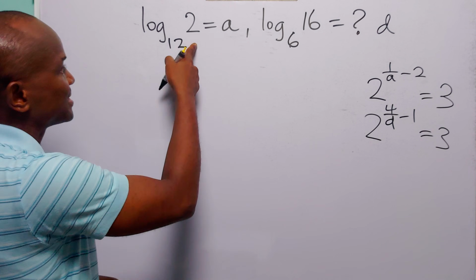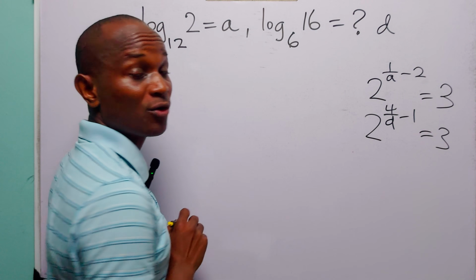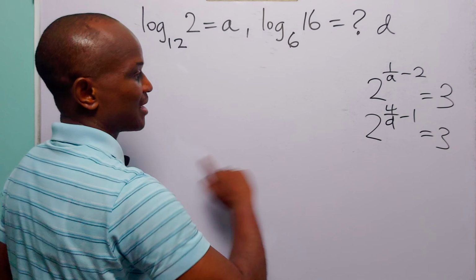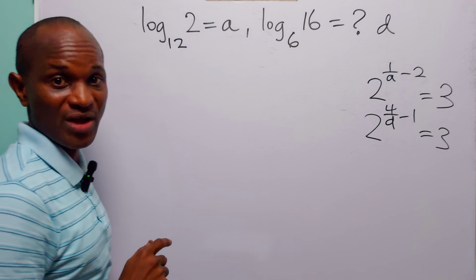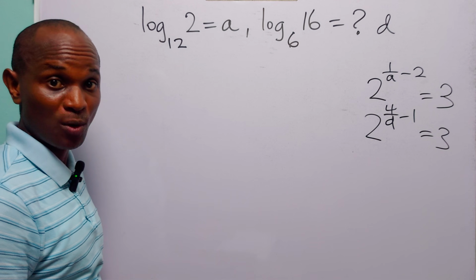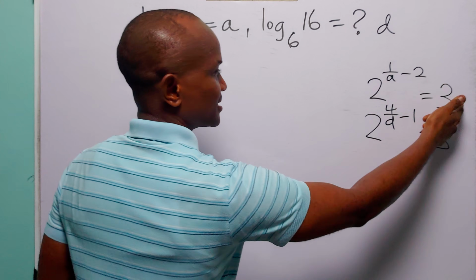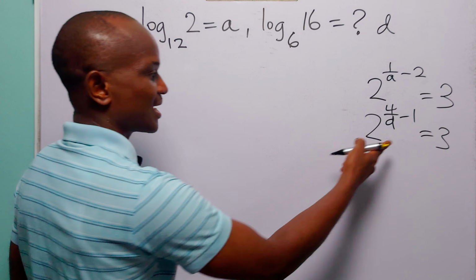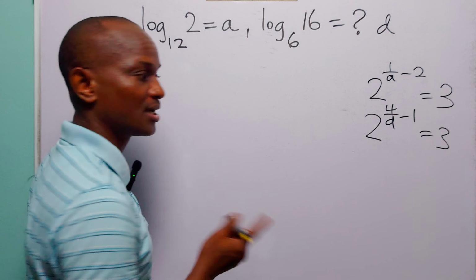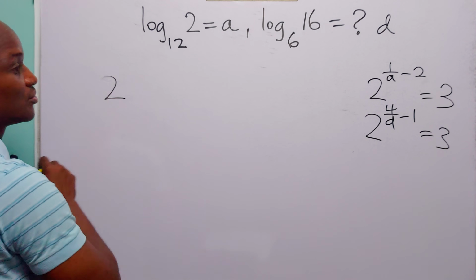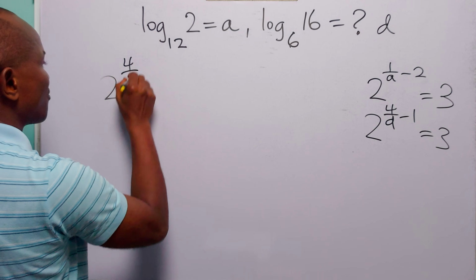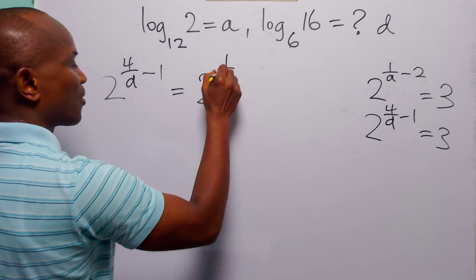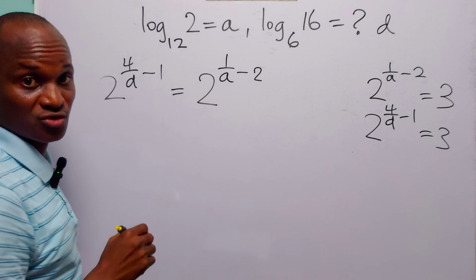Now, finally, from this statement, we have that 2 to the power 1 over a minus 2 is equal to 3. And from the second statement, we have that 2 to the power 4 over d minus 1 is also equal to 3. Now, since this is equal to 3 and this is also equal to 3, that simply means that this must be equal to that. So we have that 2 to the power 4 over d minus 1 is equal to 2 to the power 1 over a minus 2.